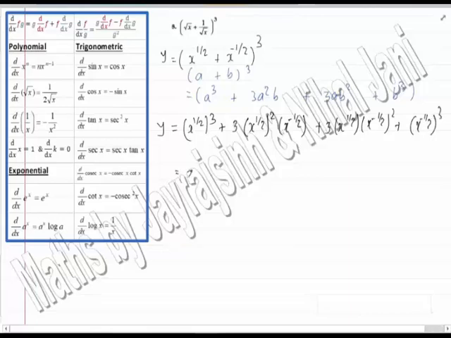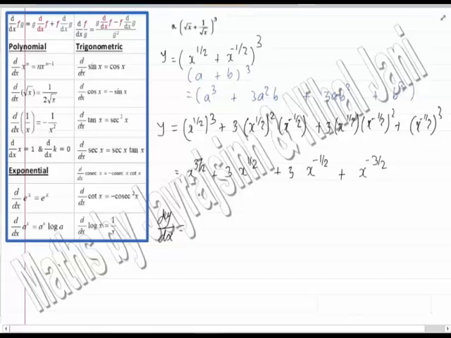Let's simplify it before we differentiate. X raised to 3 by 2 is our first term. In second term we are going to get 3 x raised to 1 by 2. In third term we are going to get x raised to minus 1 by 2, and in fourth term it will be minus 3 by 2, right? Okay, now we are ready to differentiate. Let's differentiate with respect to x on both the sides.